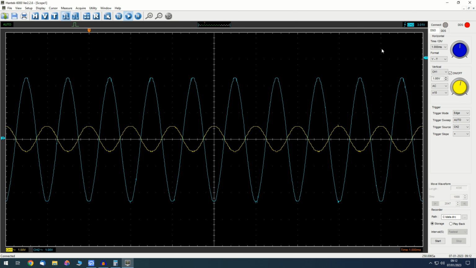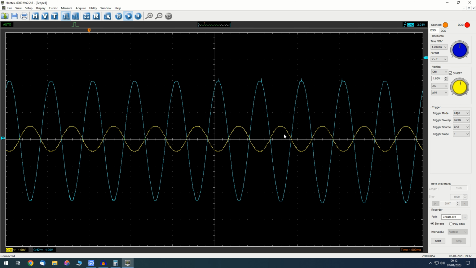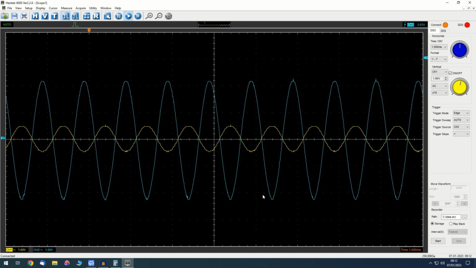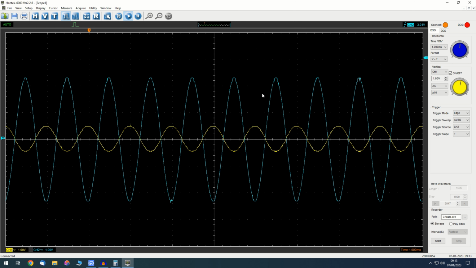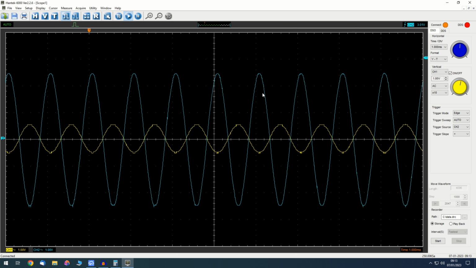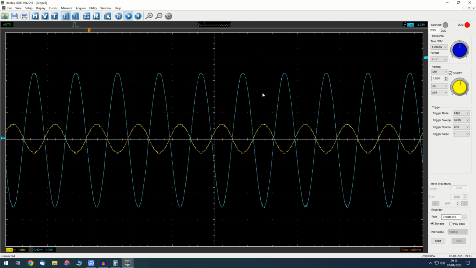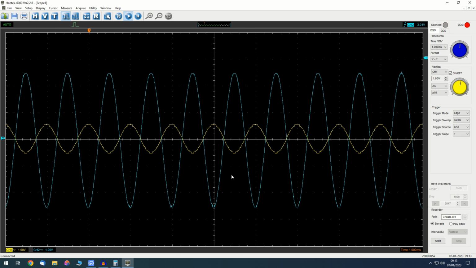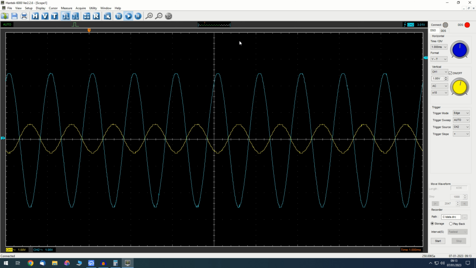As I was saying, with about plus or minus half a volt there, so 1 volt peak to peak, is 1, 2, 3, 4, 4.5 volts probably out. It's difficult to judge the exact voltage there, but it's pretty close to 5 times, as it should be.